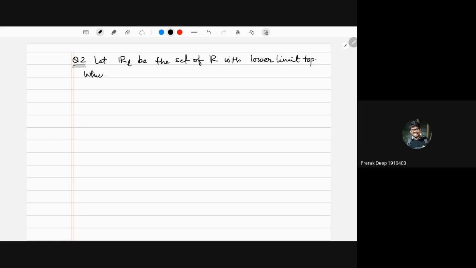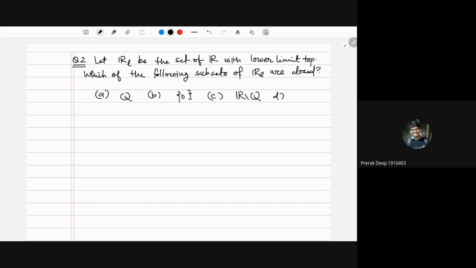Then which of the following subsets of R_L are closed? A, Q; B, the singleton {0}; C, R minus Q; D, this interval. Okay. So I will give you a few minutes to think about this question, and then I will give a solution to this question.